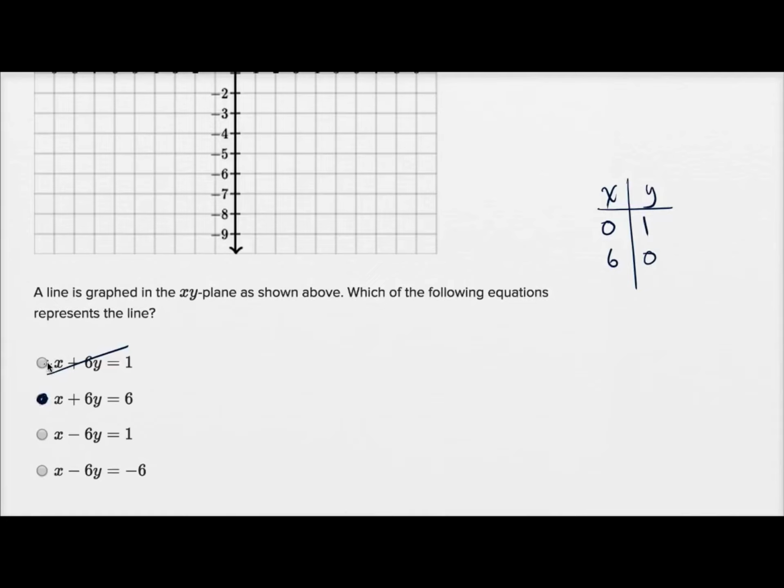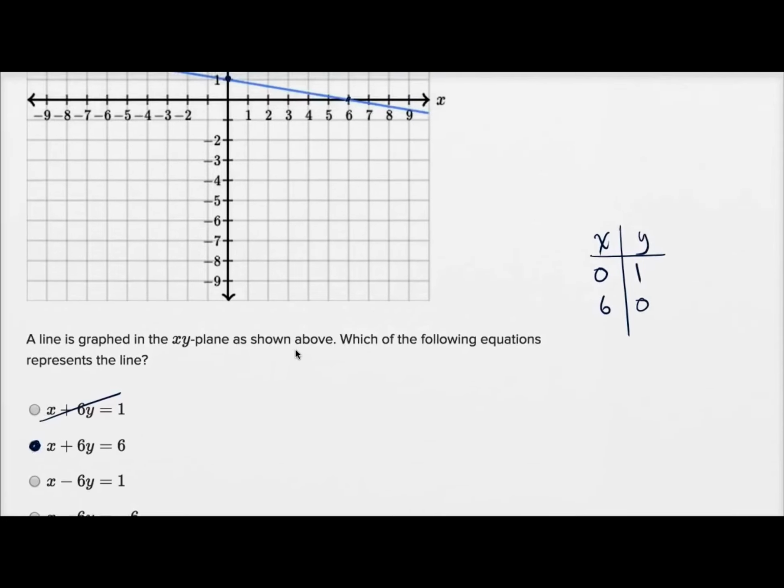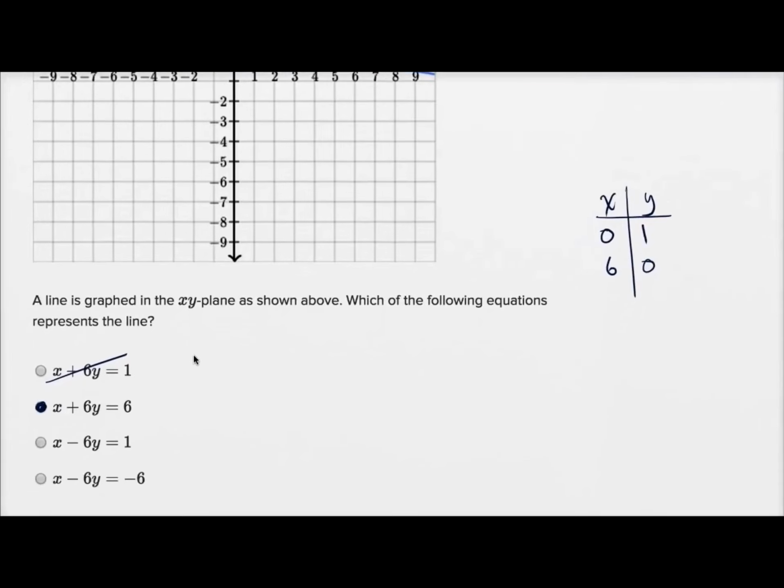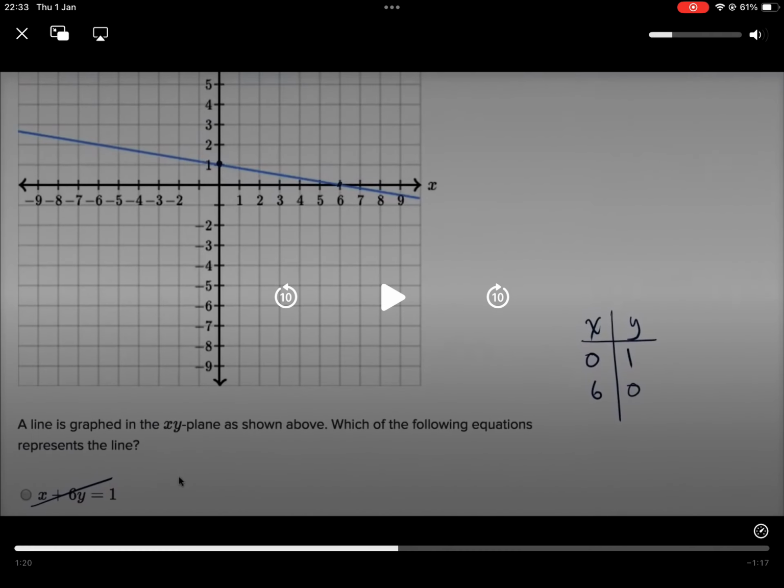Now, there's other ways that we could do it. We could write it first in slope-intercept form and then convert to this form right over here. So let's do it that way.